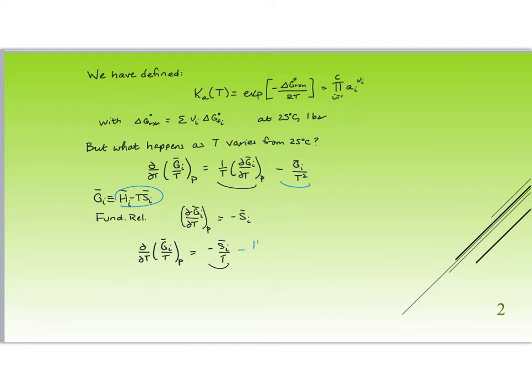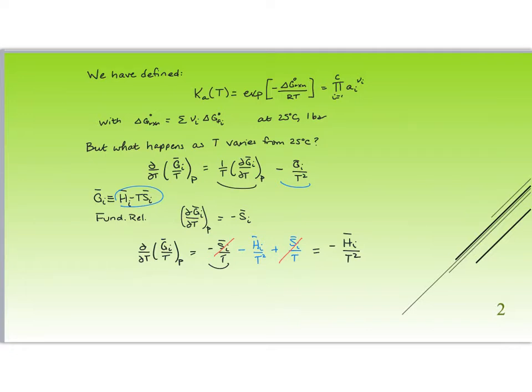So minus H_i over T squared plus S_i over T. Now, these are the same but opposite signs, and so therefore we see that this is equal to negative H_i over T squared.